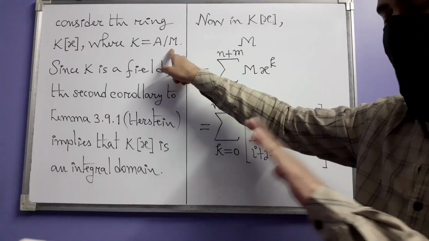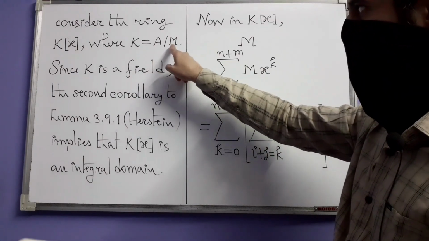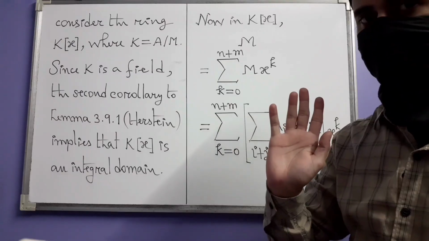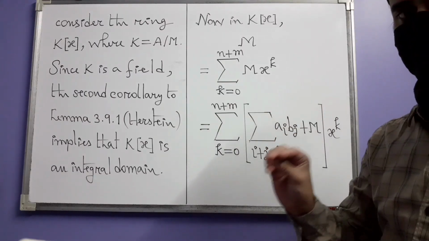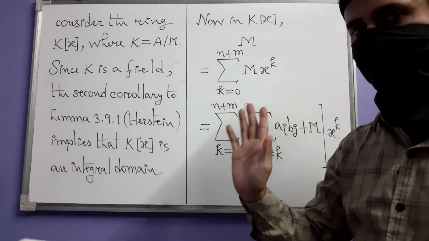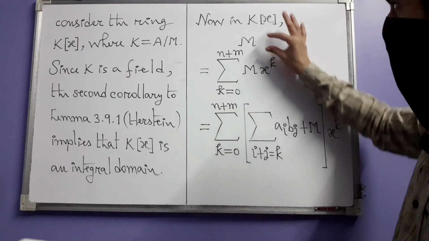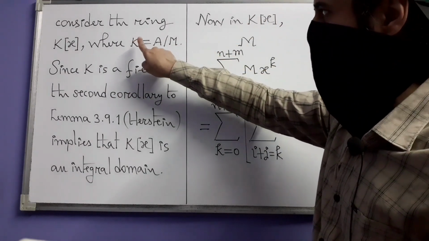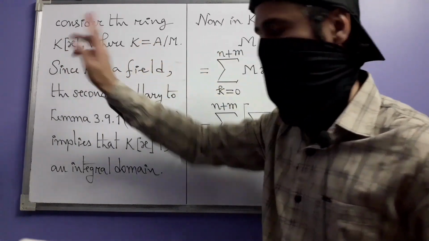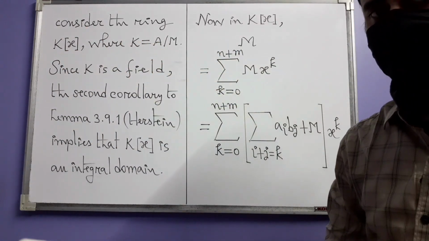So that's why I said just now that the elements in K are cosets of M by elements of the ring A. I emphasized that fact because of this. You do not think of M as the maximal ideal M anymore. M is the zero element of K, and hence automatically the zero element in this polynomial ring as well.